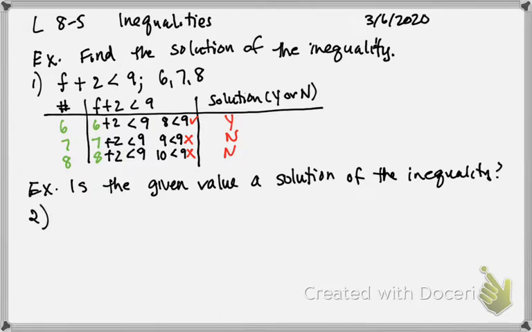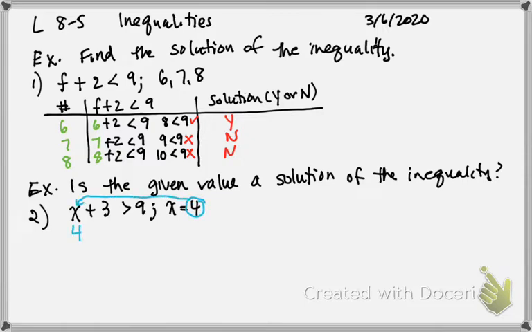So we'll have 2 here. So we have x plus 3 is less than 9, and they give us x equals 4. So same thing we just did. We're going to take this 4 and we're going to substitute it in for x.